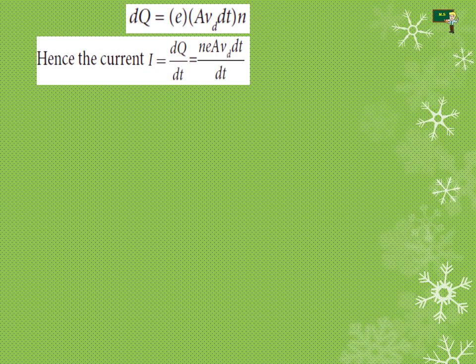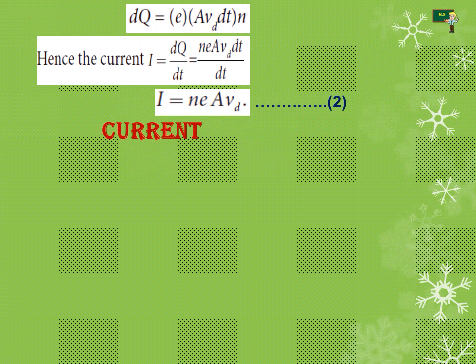We put n e A Vd into dt. Now here we can cancel this dt and dt. So we get I is equal to number of electrons, area of cross section, with the drift velocity: I = nAeVd.